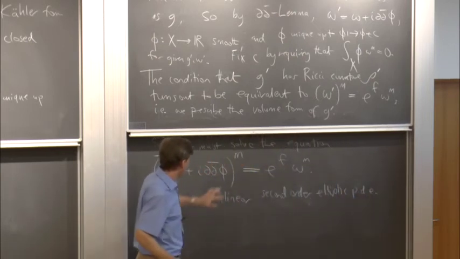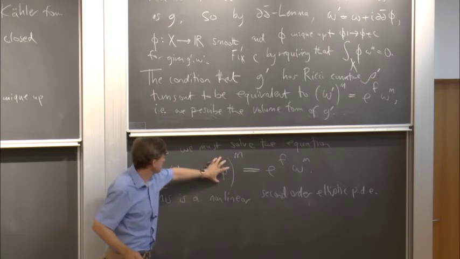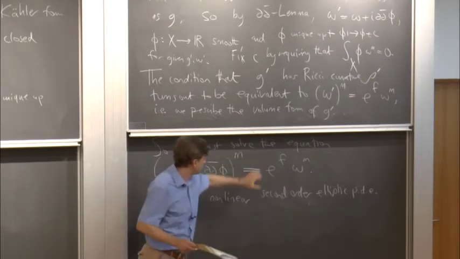Okay, so f is given. It's something you recreate from the Ricci form you're trying to make. Phi is what you've got to find. So we've got to solve this equation for phi for given f.